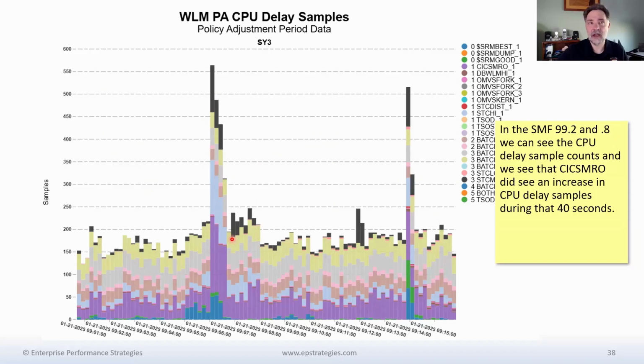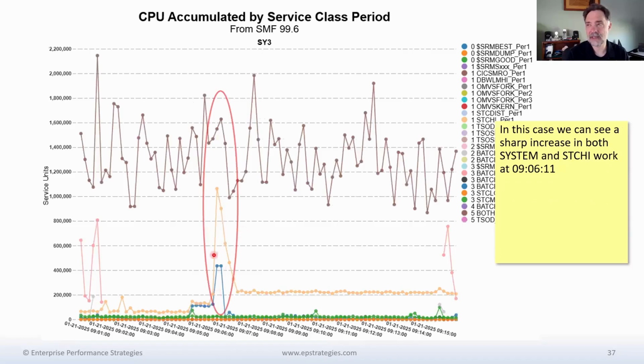And here, what we see is that CICS MRO, which I probably should have drawn an arrow for here, is this purple workload. And you can kind of see, yes, there was an increase in delay samples across multiple workloads, but especially CICS MRO, when these workloads got busier, right?